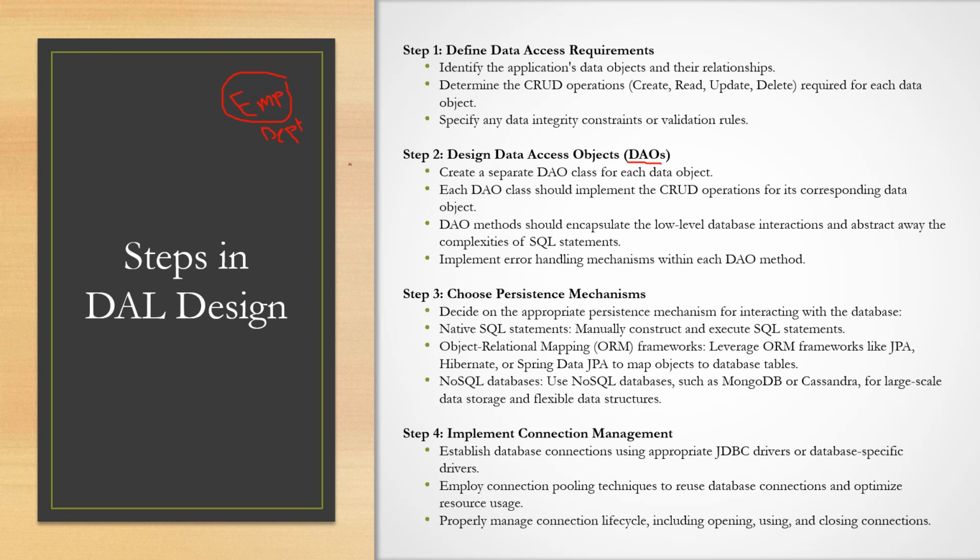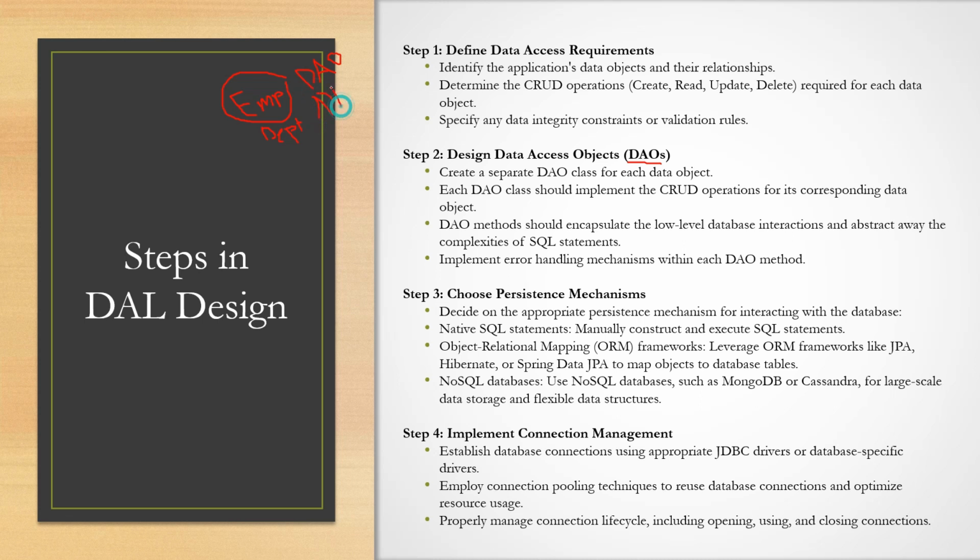Since we are using DAO, we have to create a class, or in another language, say Java, we have to create a class for each object in our system. Now we have at least these two objects, employee and department. So we have to create one employee DAO and a department DAO.